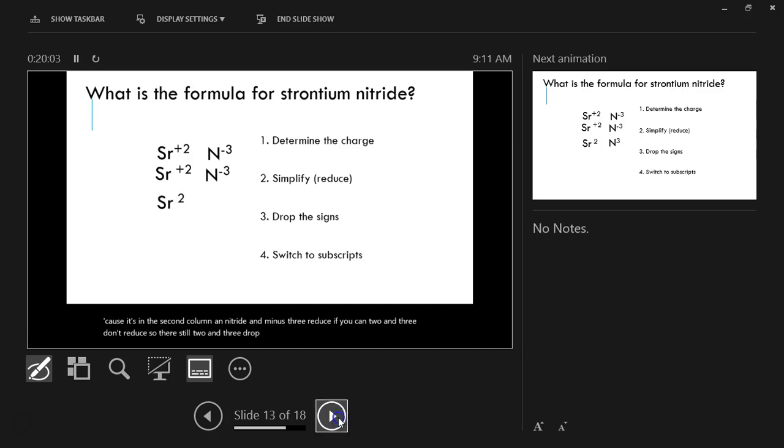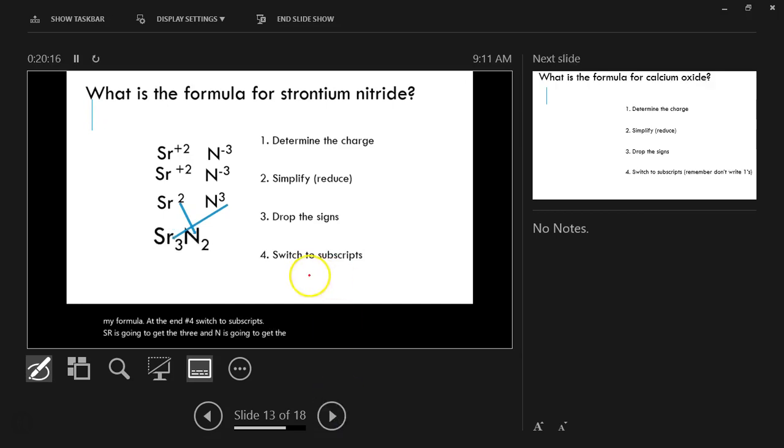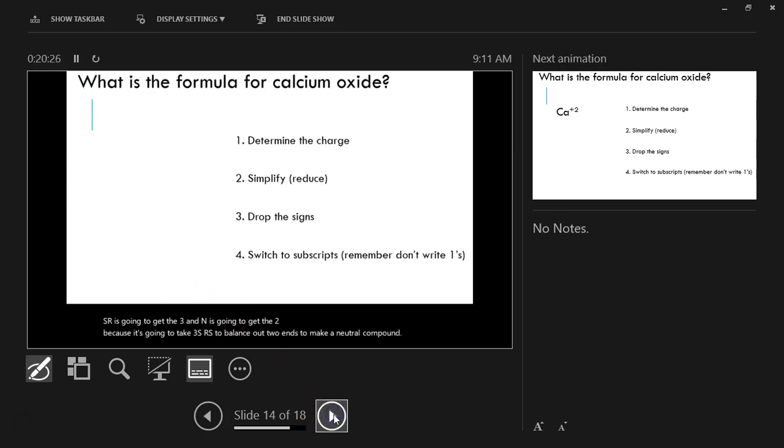I don't want to have pluses or minuses in my formula at the end. Number 4, switch to subscripts. Sr is going to get the 3, and N is going to get the 2. Okay, because it's going to take 3 Sr's to balance out 2 N's to make a neutral compound.